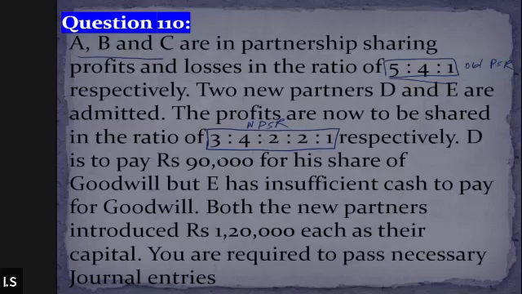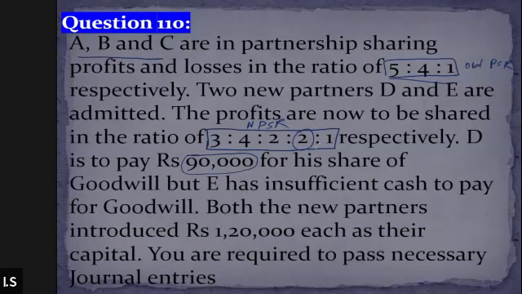Right. So first of all, see the goodwill of D is given. On the basis of D's goodwill, we can calculate E's share in the goodwill. Since D is coming for how much share? D is entering the firm for 2 out of 3 plus 4 plus 2 plus 1, that is 12.